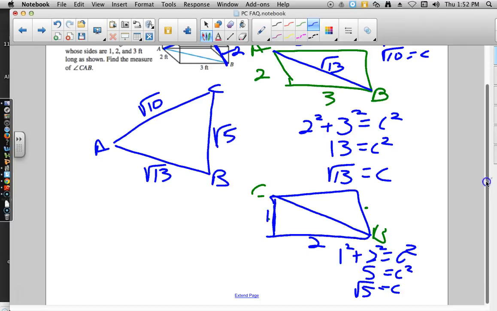So now, we just need to set this up correctly, because if we want this angle right here, we need to obviously have the cosine of A in our formula.